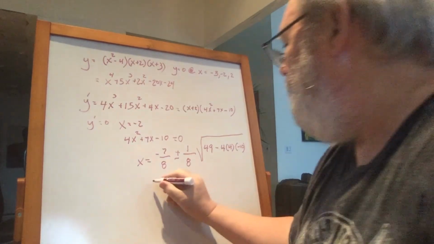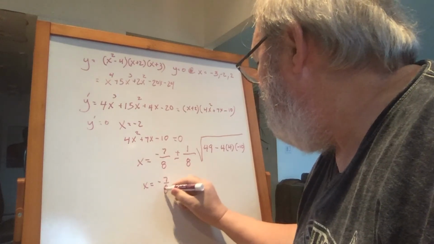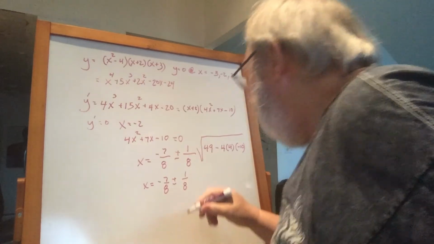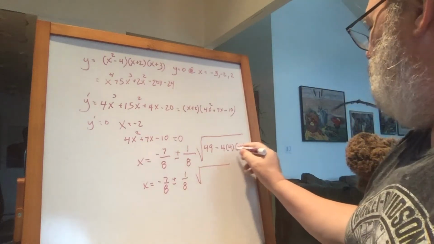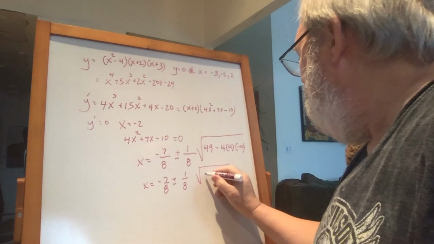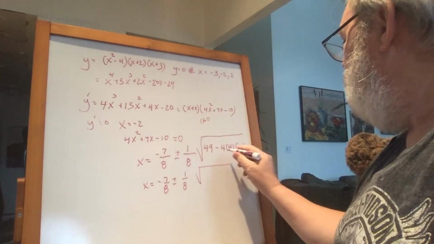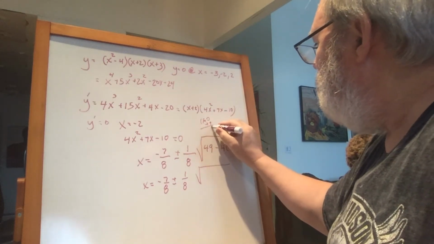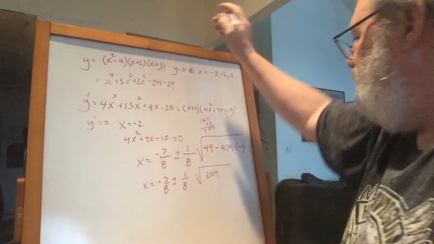So we have x equals negative 7 over 8 plus or minus 1/8. And that's 16 times 10. That's 160 plus 49. That's 209, square root of 209.